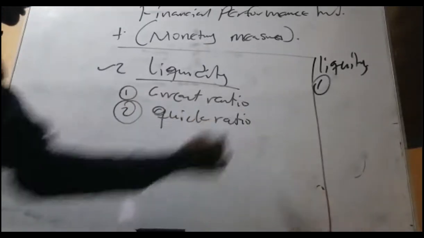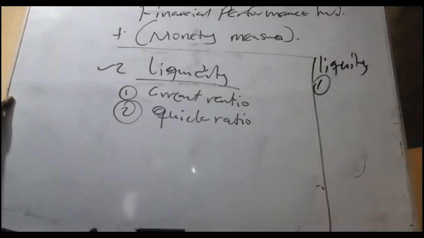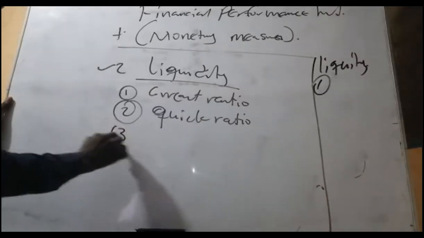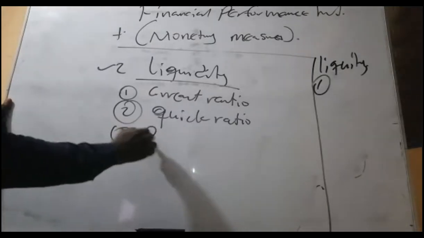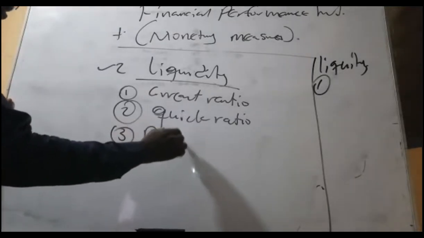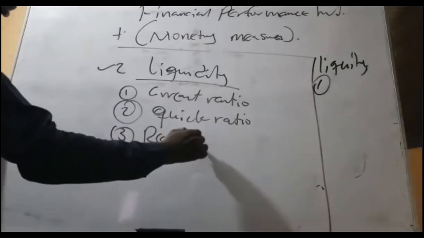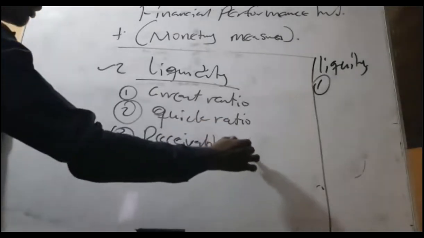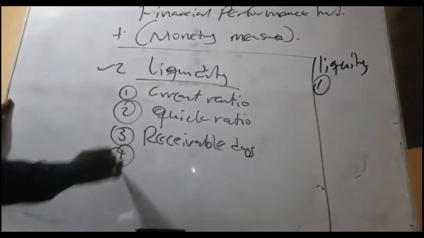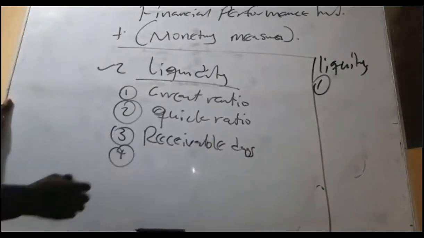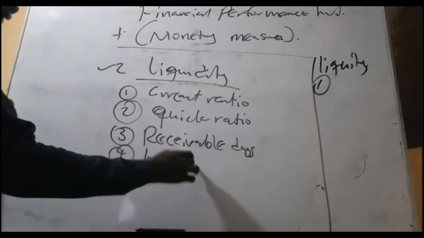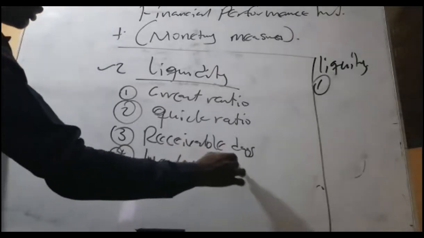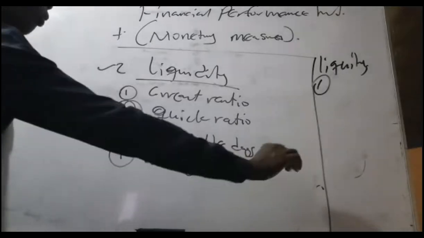It's called quick ratio or acid test, fastest reaction. Three, we can use the receivable days, and then inventory turnover days, so the inventory turnover period.